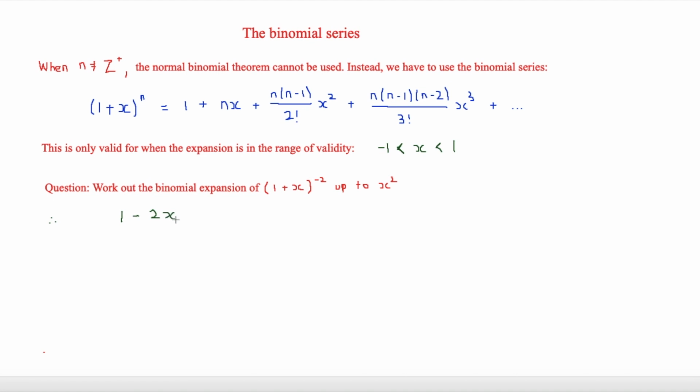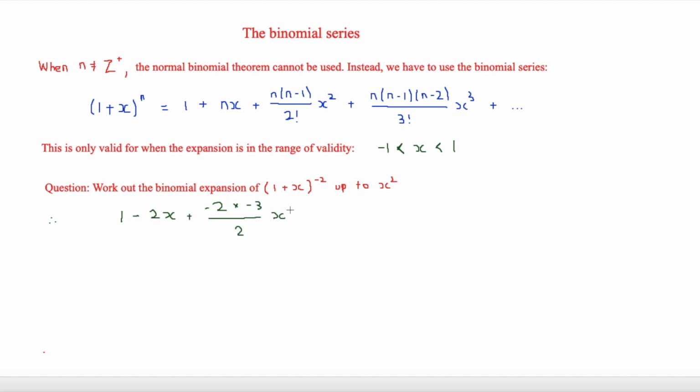Then we have n, so that's plus minus 2, times by n minus 1, so times by minus 3, all over 2 factorial, which is 2 times 1, and that is 2, x squared.